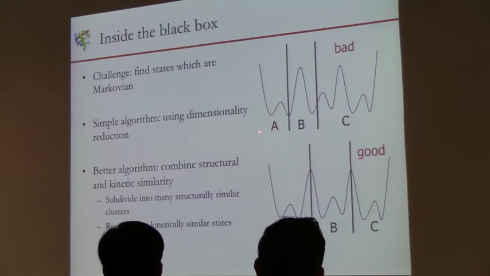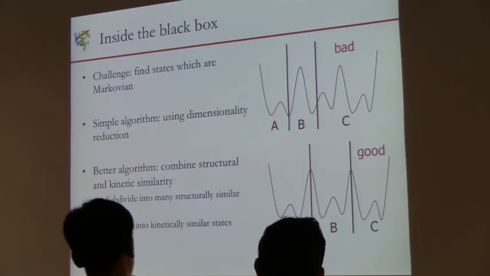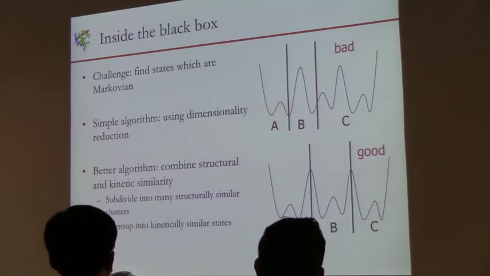And if the previous state is A, then most probably here. And so the assumption that there is no memory in the system is violated. So if we have a C to B to C transition, that's more probable than an A to B to C transition, and vice versa.